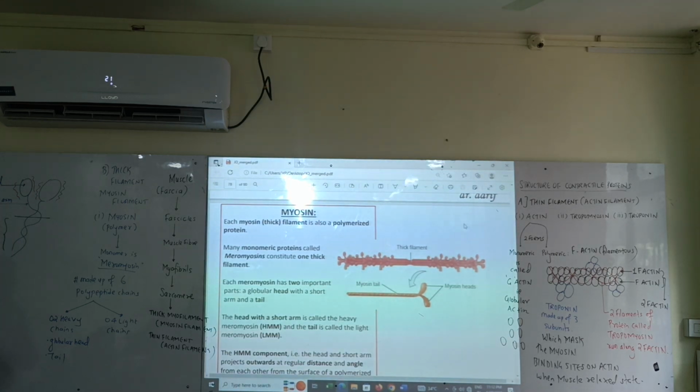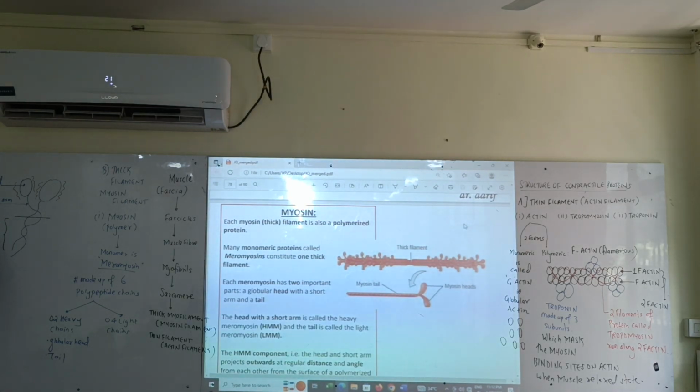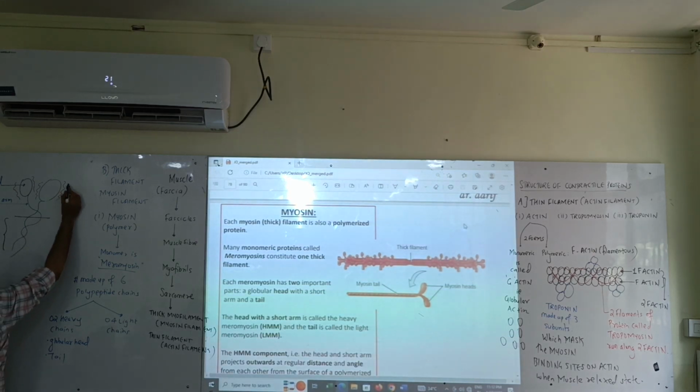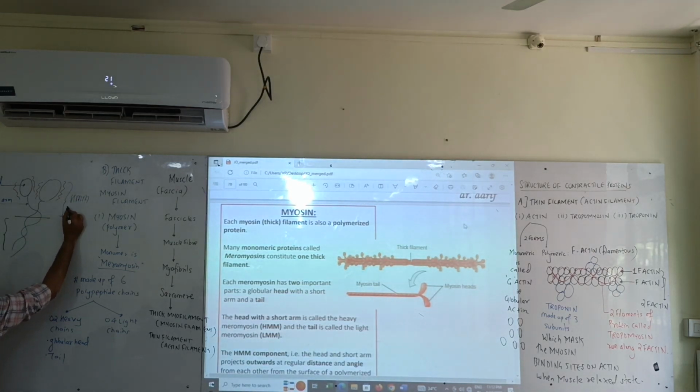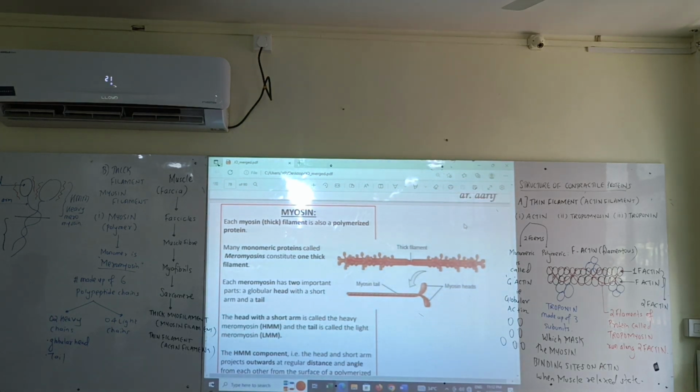Now let's go. Short arm together with the head forms a cross arm, which is also called HMM, that is the Heavy Meromyosin.